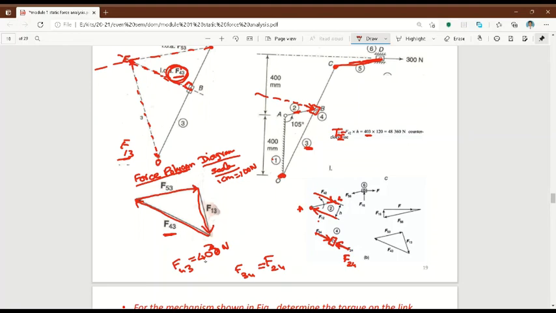While multiplying by 100, we will get 120 mm. So 403 into 120, we get 48,360 Newton millimeter. If I write in meter, it is 48.3 Newton meter.